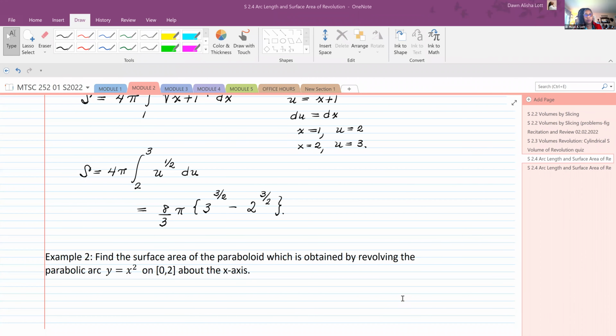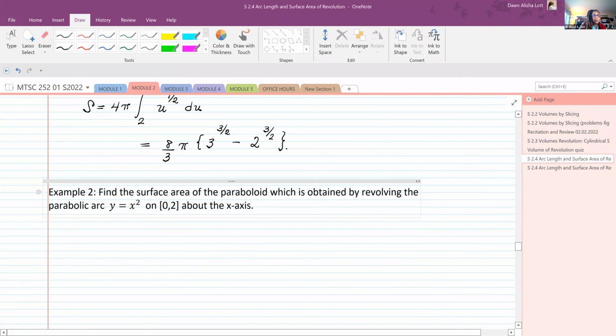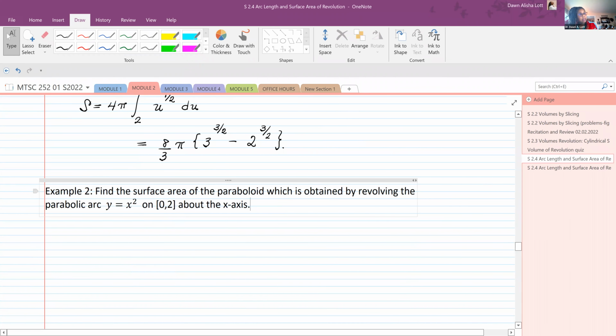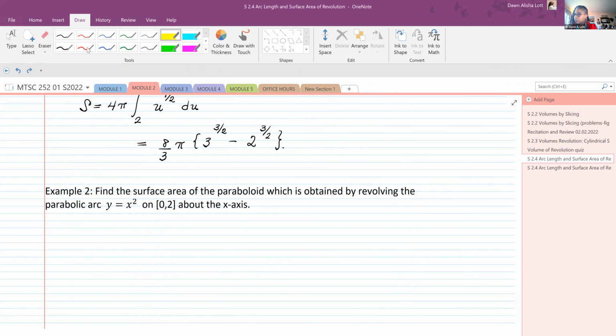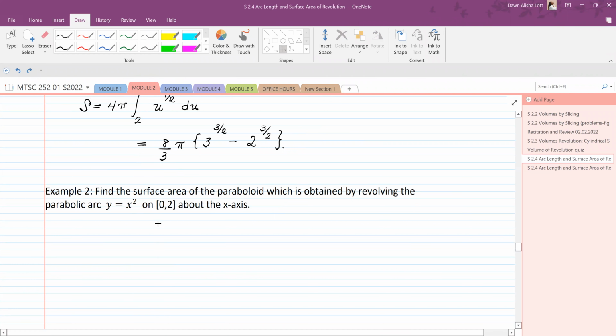Okay, so now let's do this problem. So we have the arc of y is equal to x squared on the interval 0 to 2.